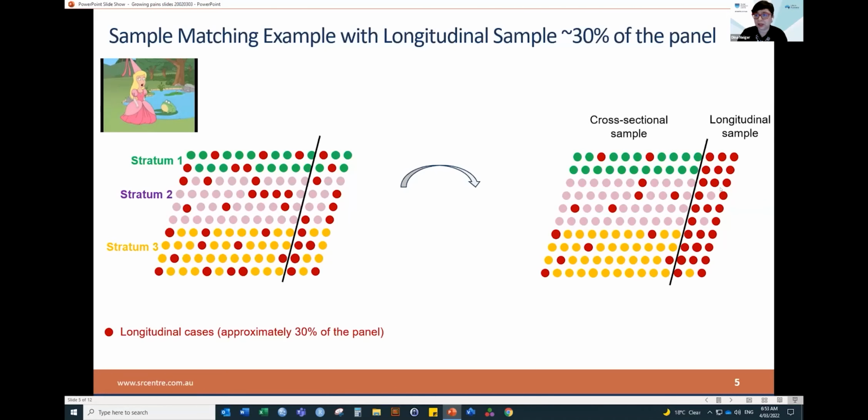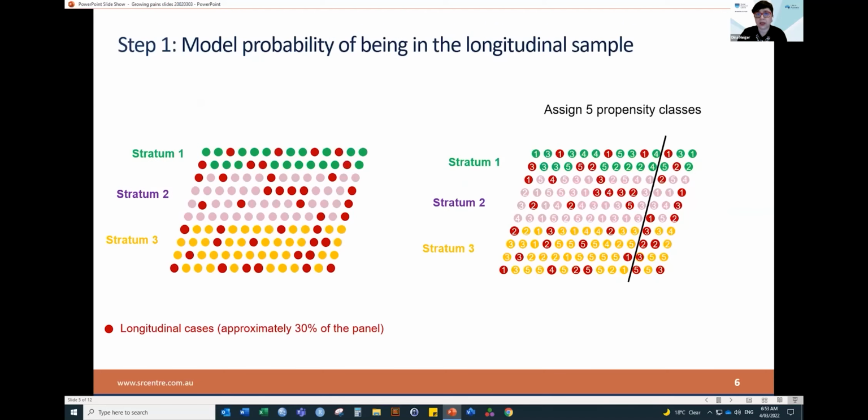What we'd like to get to really is this kind of situation where most of the longitudinal sample consists of people who've been in the panel for a long time, but still keep the other side of the panel representative and able to provide good estimates. So the way we've done that is we've trialed it on one wave in January 2022, using January 2020 as the establishment wave.